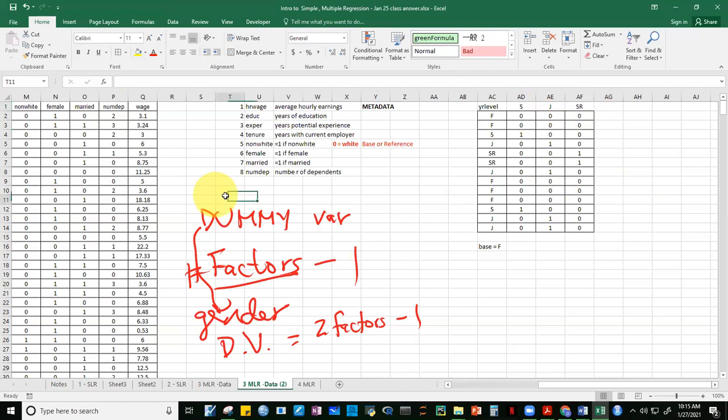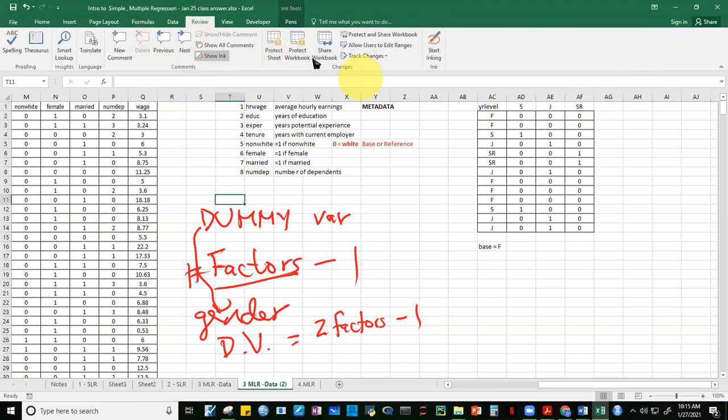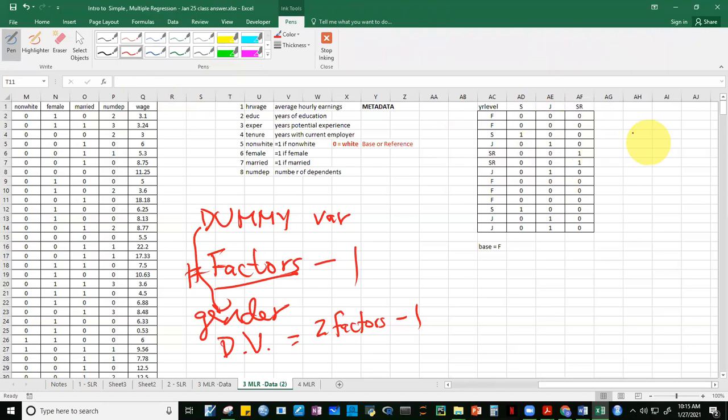Hindi ko na-explain ng masyado, pero kunyari, 4 yung ginawa mong, naglagay ka pa ng frosh dito, so ito magiging 1, 1, 0, 0, etc. So you have 4 factors, tapos 4 dummy variables.